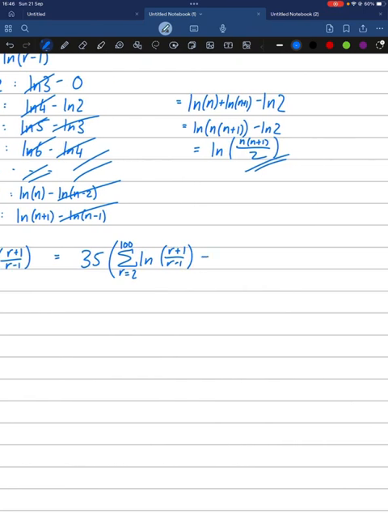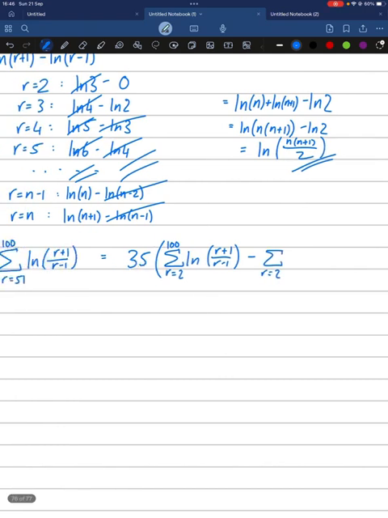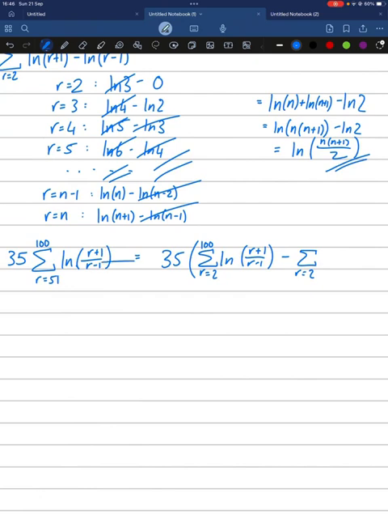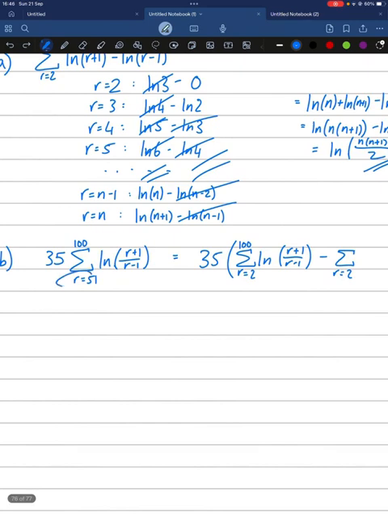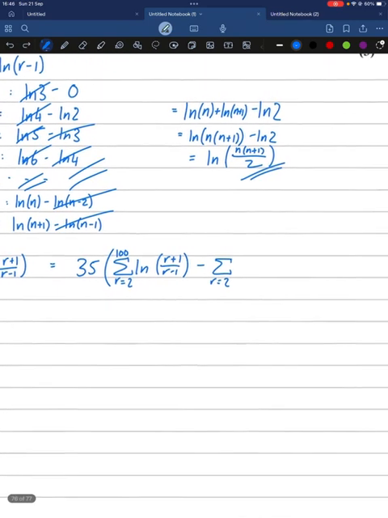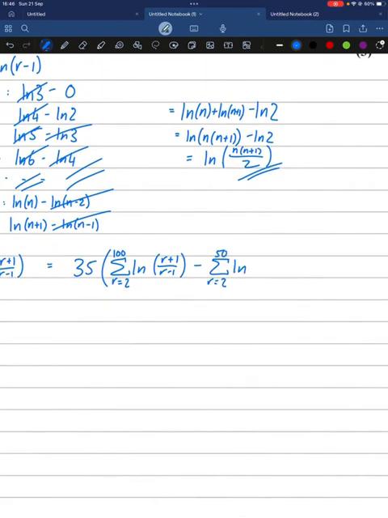And then we're minusing the sum from r equals 2 this time to 50 because our thing here is 51, so we're going to do minus the sum to 50 of ln r plus 1 over r minus 1.